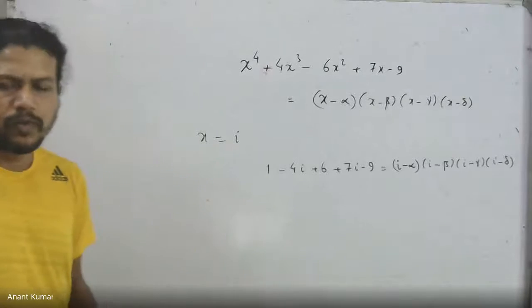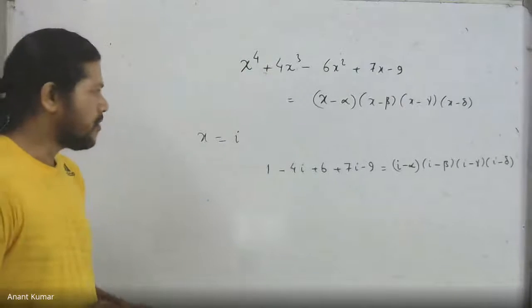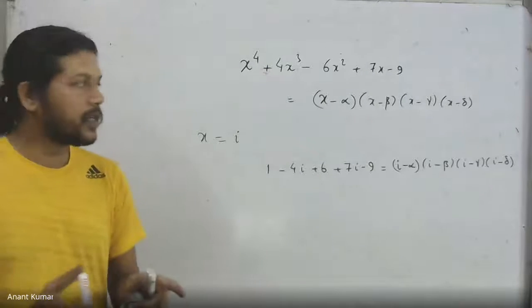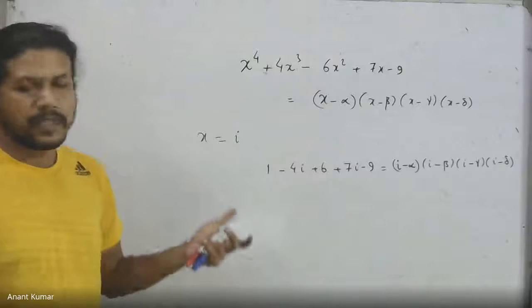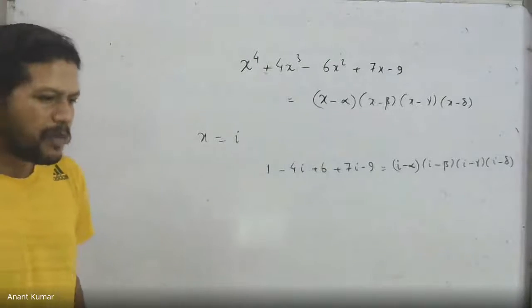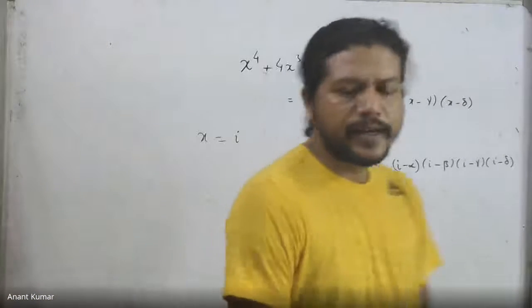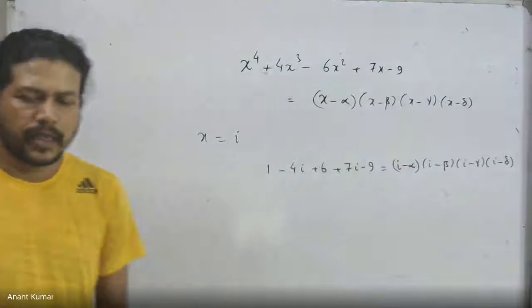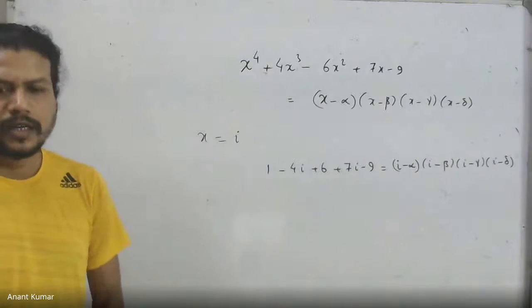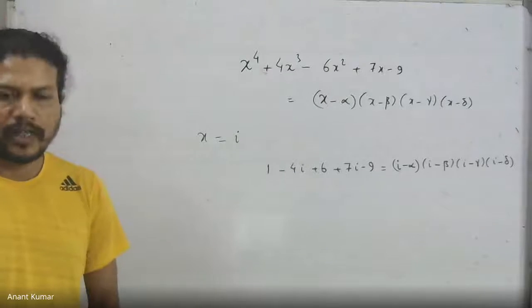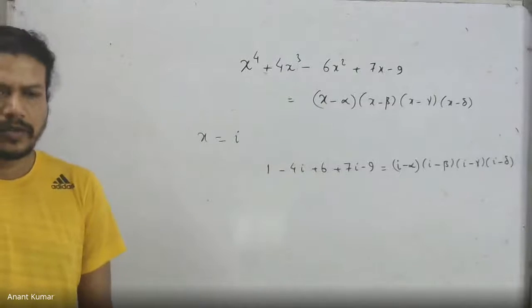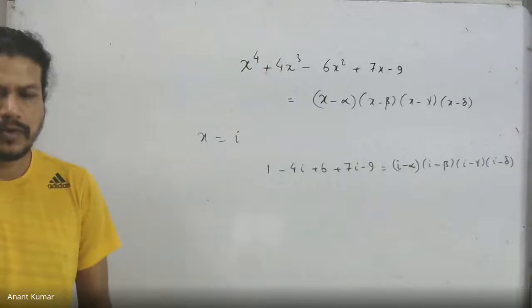Anyway, this is one useful way that you could always do. If you have been given an identity, say for example 1 plus x whole raised to n equal to something, then imagine putting x equal to I and minus I. In many cases, you also have to put 1, omega and omega square. This is a usual trick in many questions that we do.